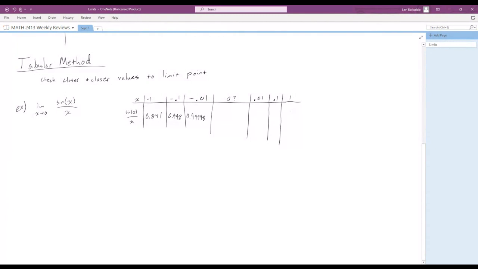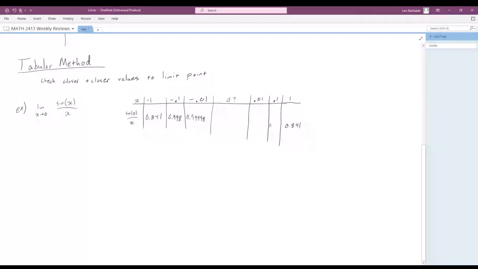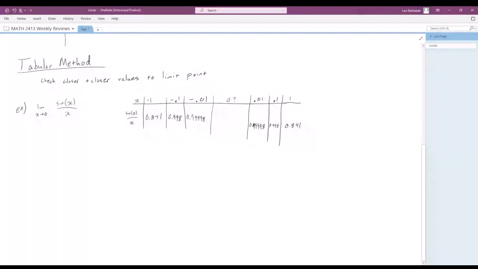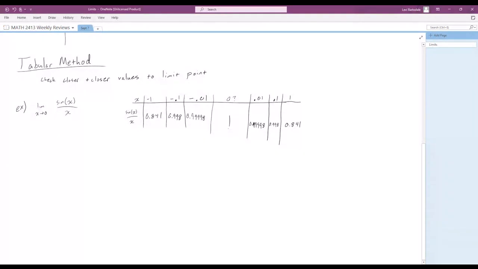And from the positive side, at 1 you get 0.841. For 0.1 you get 0.998. And for 0.01, you get 0.99998. All right, so what value do these approach? 1. Right, 1. So what is our limit? 1. Perfect.